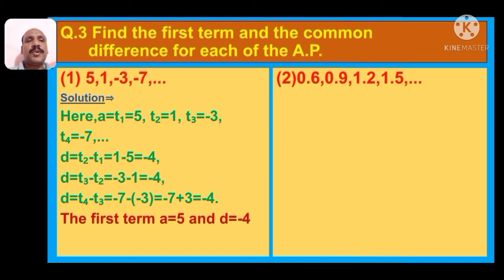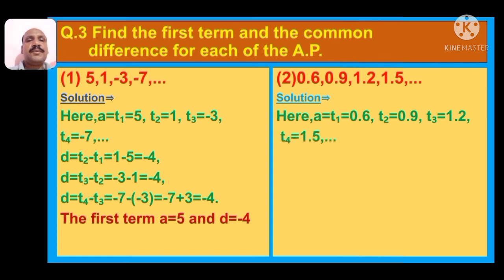Now second, 0.6, 0.9, 1.2, 1.5, dot dot dot. The solution is, here A is equal to T1, which is equal to 0.6, T2 0.9, T3 1.2, T4 1.5, dot dot dot. Now we'll find the difference between two consecutive terms. T2 minus T1 is equal to 0.9 minus 0.6, which is equal to 0.3.